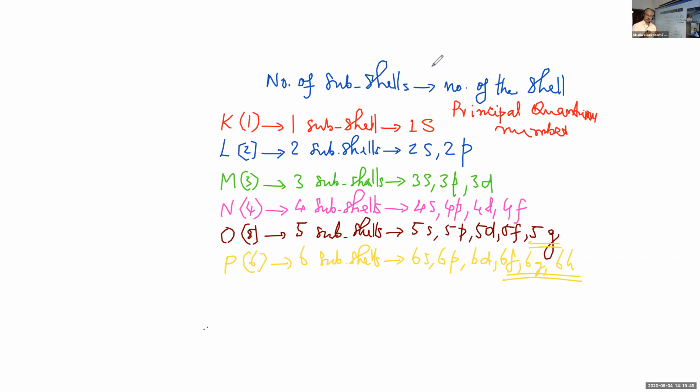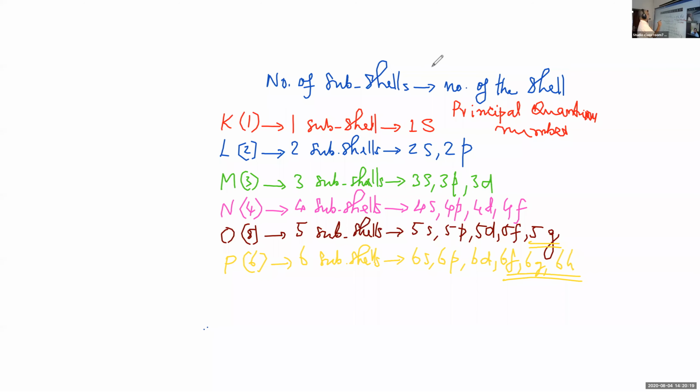The subshells and orbitals are named as S, P, D, F, etc. Now, the number of the subshells possible is the same as the number of the shell, which is known as the principal quantum number.